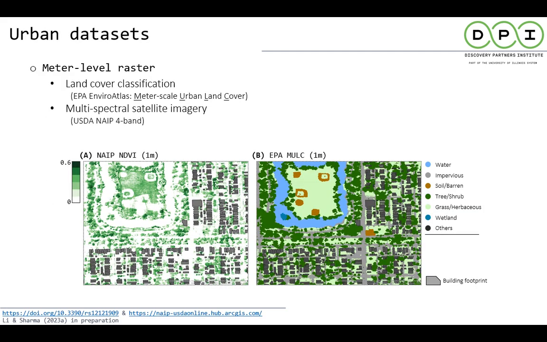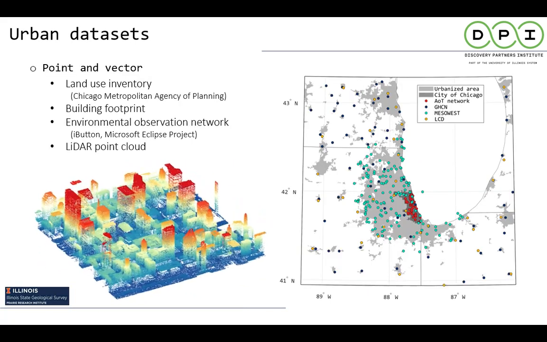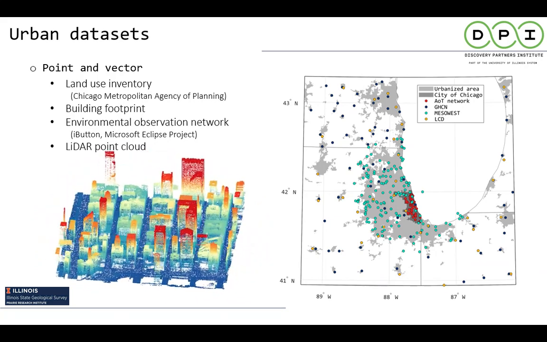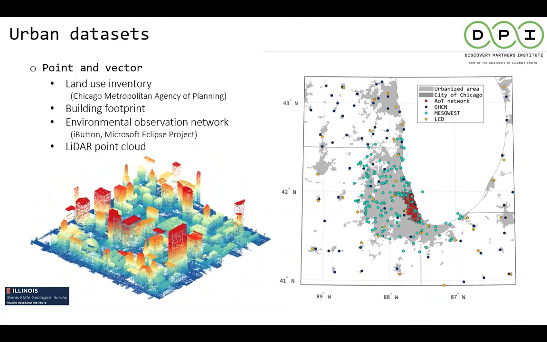So actually, for the urban data sets, we have meter level rasters of land cover classification and also multispectral satellite imagery that's still at 1 meter resolution for both of the sites. We also have point and vector measurements. We have a land use inventory from the city, which can provide all the building footprint measurements.